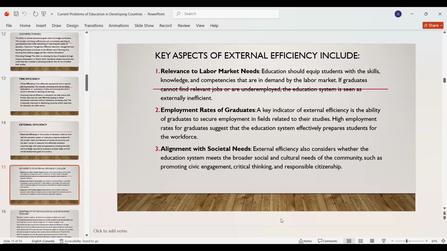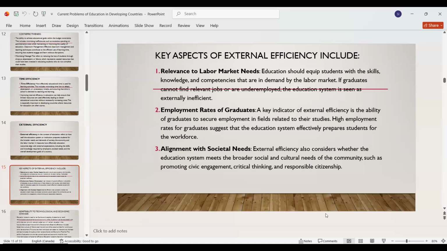Alignment with societal needs, external efficiency also: consider whether the education system meets the broadest social and cultural needs of the community, such as promoting civic engagement, critical thinking, and responsible citizenship. So the school's aim is to make responsible citizens for the country, right?